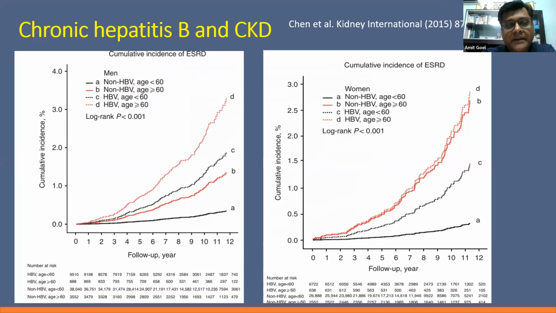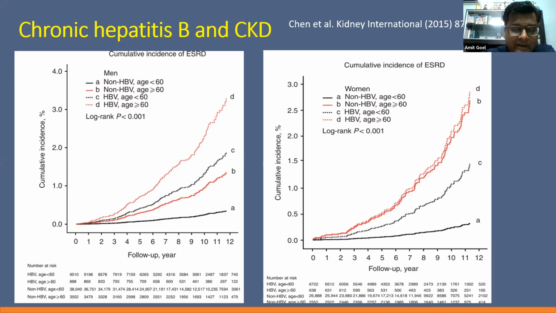They have divided the incidence of ESRD according to gender. For men, which is on the left side of the panel, you can see the age group less than 60 or more than 60. Less than 60 is the black colored line, and the dotted line is showing HBV cohort, and the continuous line is showing non-HBV cohort.